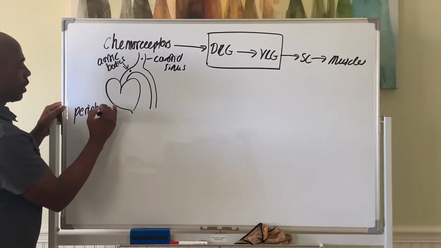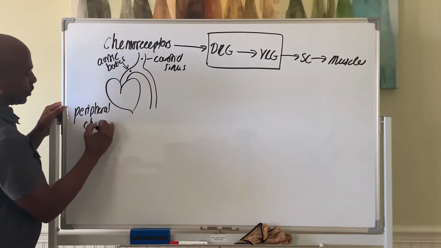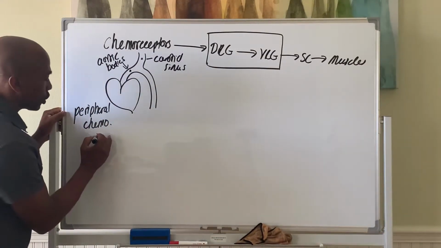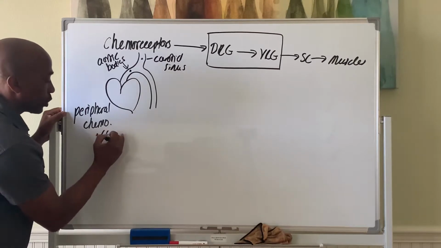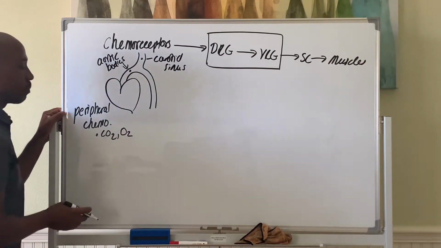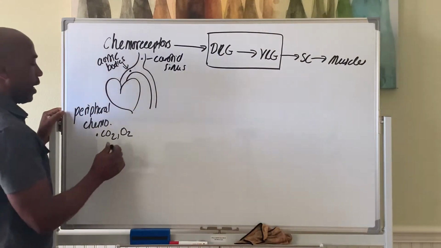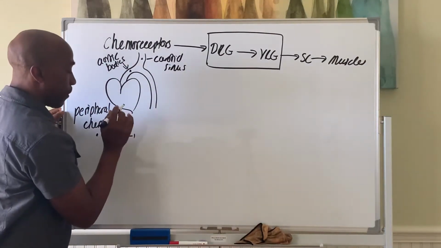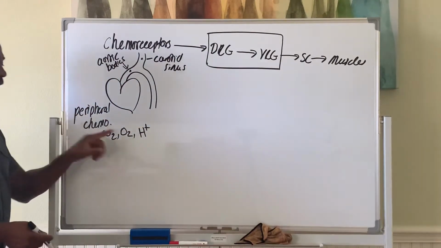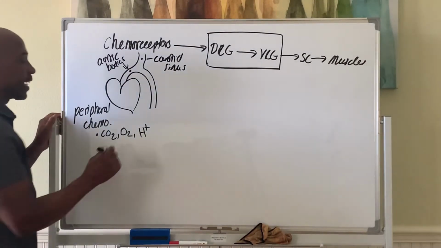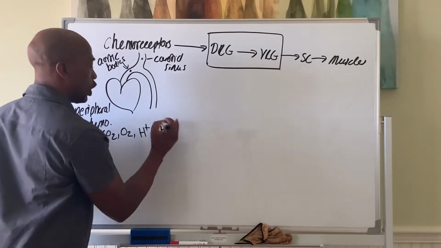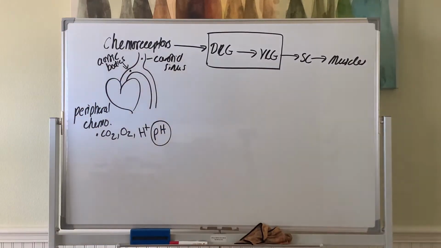These receptors respond to CO2, extremely low levels of O2, usually below 60% of perfusion, and most directly they respond to H+. This is really what drives them, H+ levels. Basically, the pH is really what drives your receptors, both peripherally and centrally.